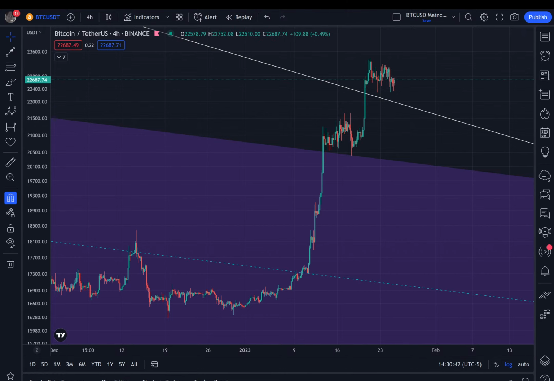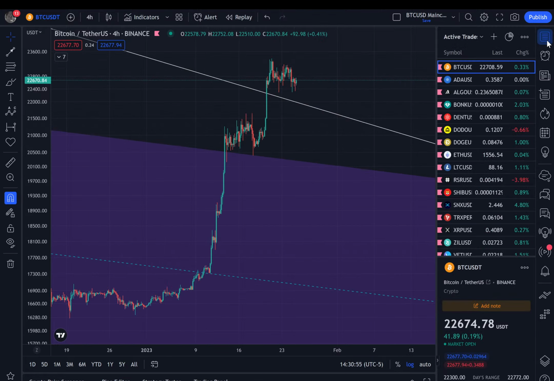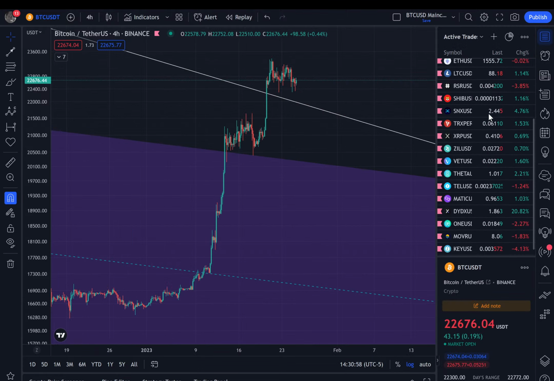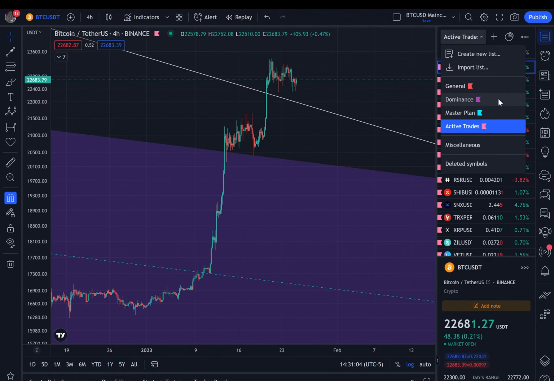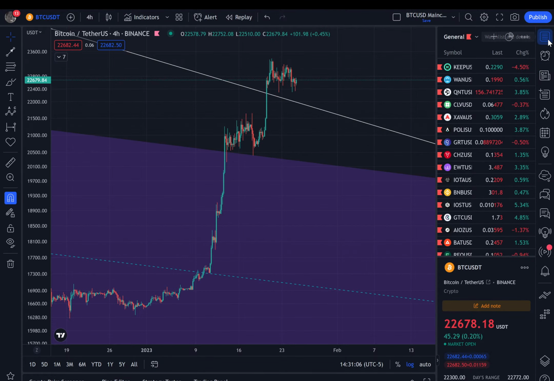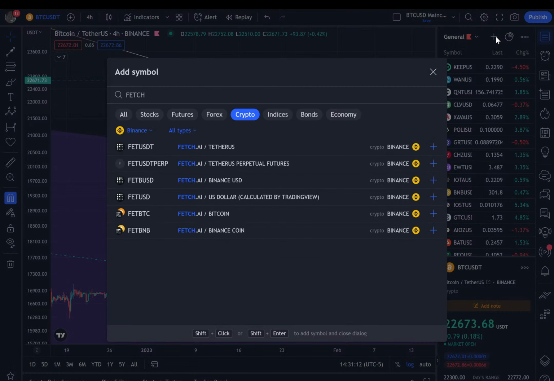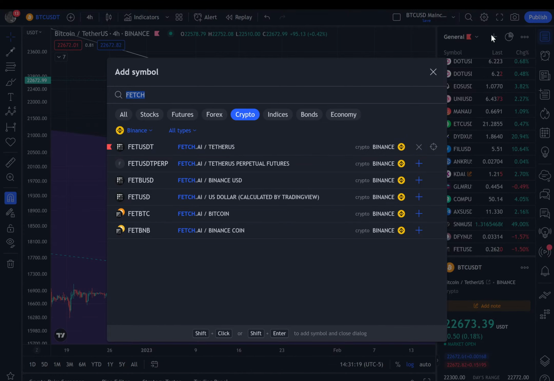Let's now get into the 2 altcoins requested. We have ALBT and we have Fetch AI. So let's pull that up. Fetch AI, ALBT. Okay, here we go. We'll add this one. And then ALBT, right?